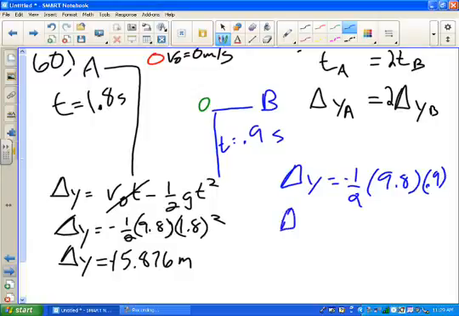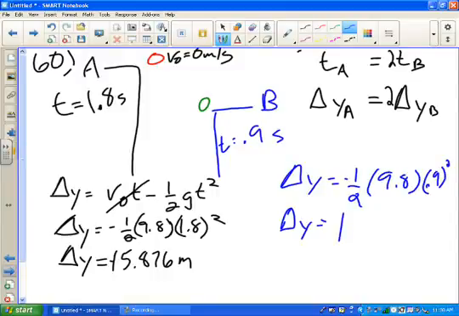Now, 1/2 of that time is 0.9 seconds. So I would use the same equation for cliff B, but instead put in 0.9 seconds. I have to square the 0.9, and 0.9 squared is 0.81. When I did this problem earlier today, my students thought it would be exactly 1/2 the height of cliff A. Mathematically though, when I plug in 1/2 times 9.8 times 0.9 squared, we get a completely different number.